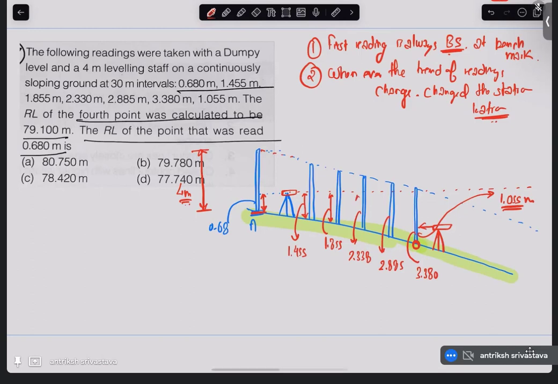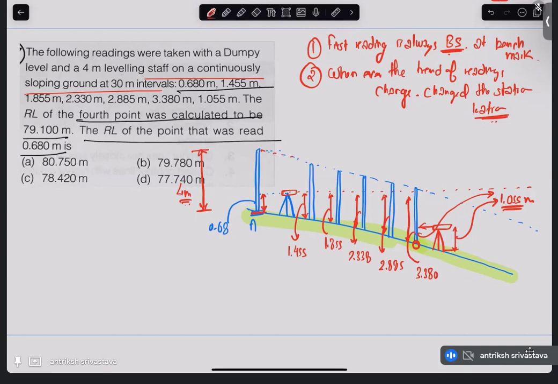All right. So I hope this clears some concepts or any of the doubts that you may have in this question. Now, one more question that can be asked in this type of reduced level question is whether the ground is sloping, or multiple select questions about it.